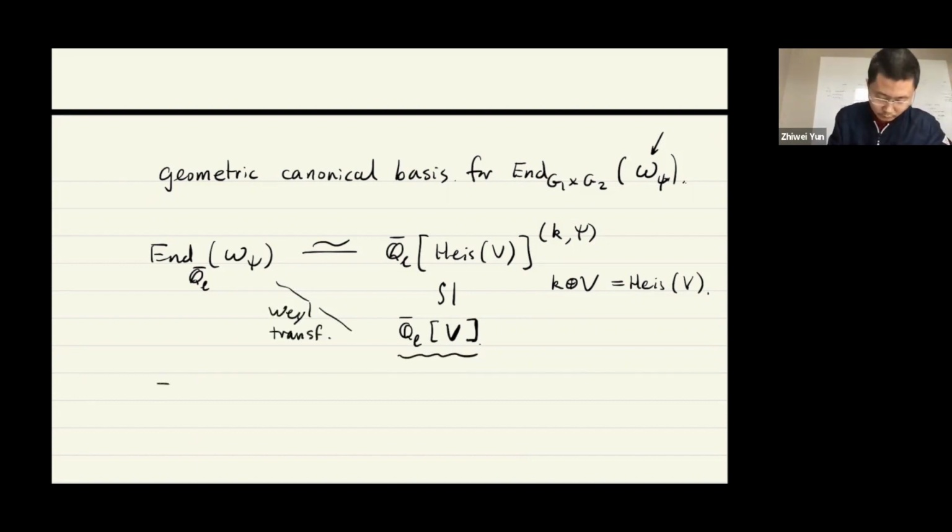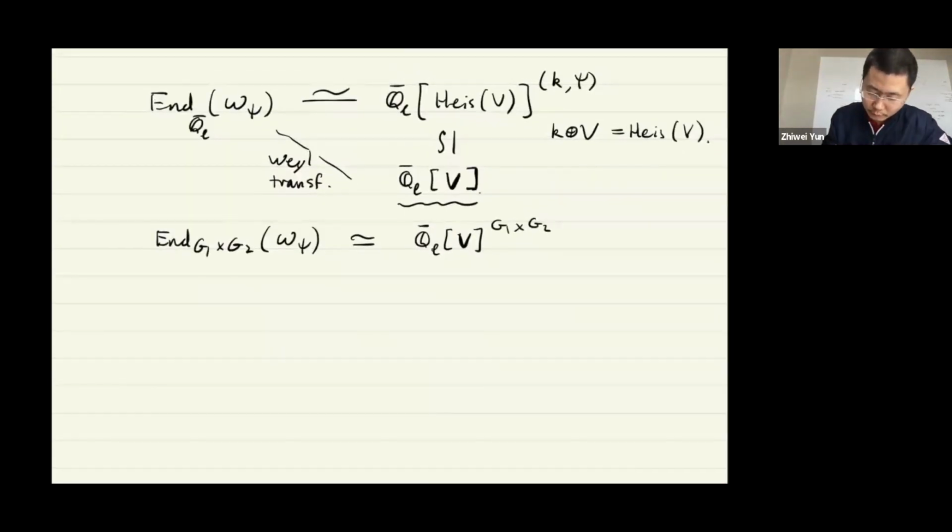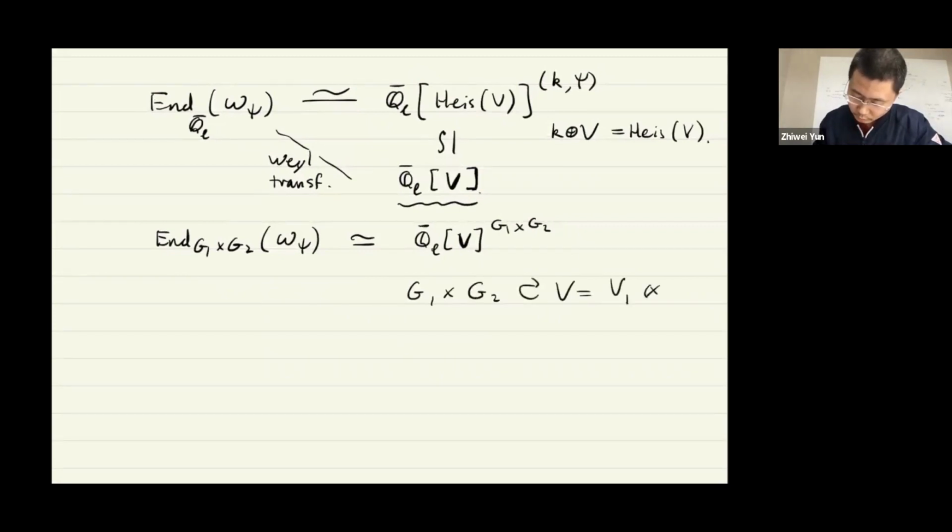This allows us to identify G1 times G2 intertwining operators with G1 times G2 invariant functions on V. This G1 times G2 just acts naturally on V, which is V1 tensor V2.